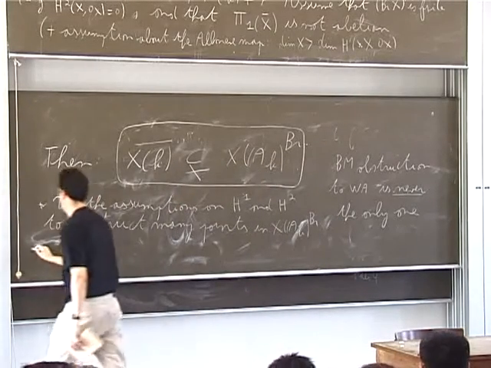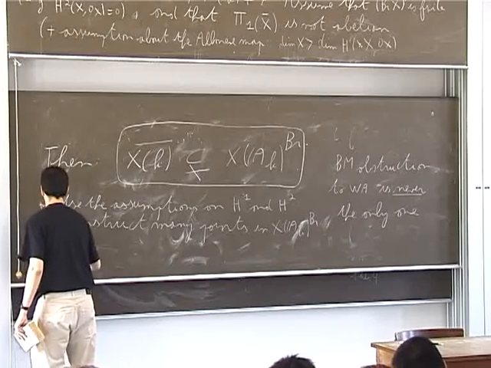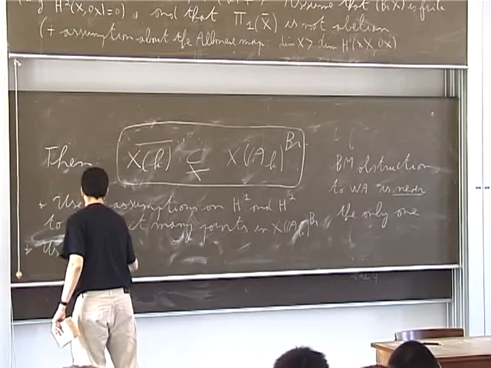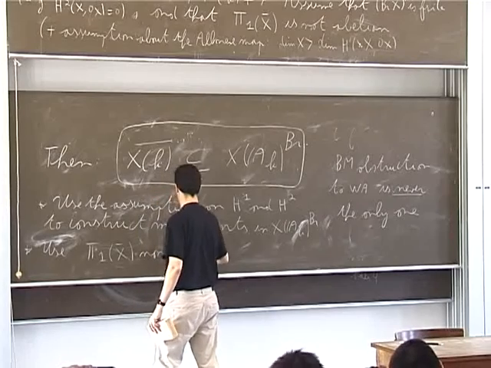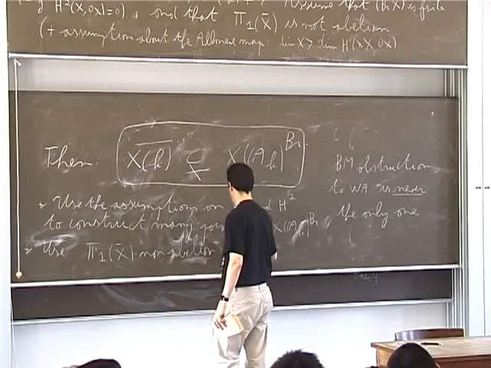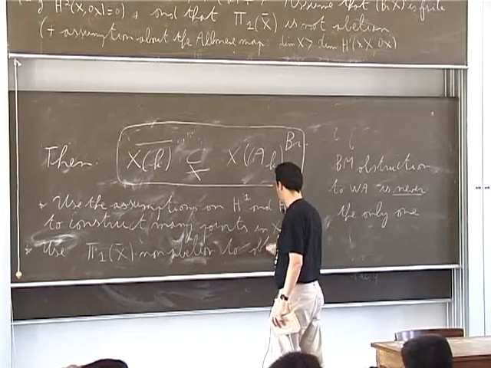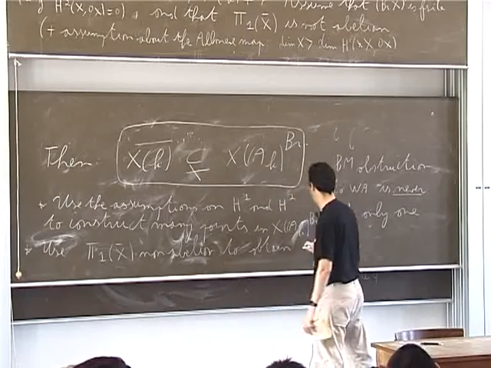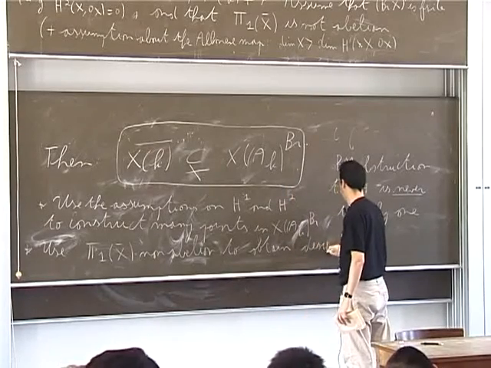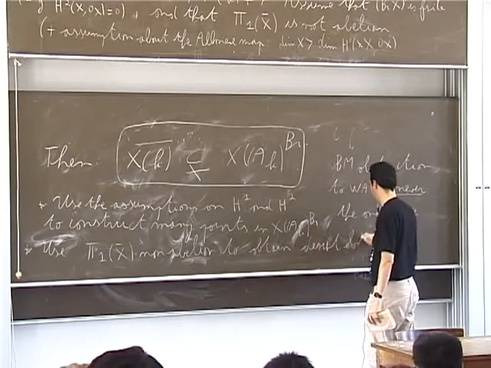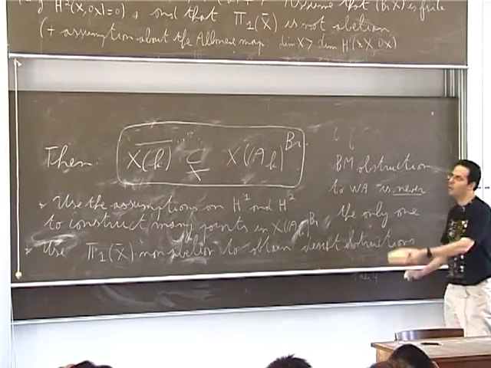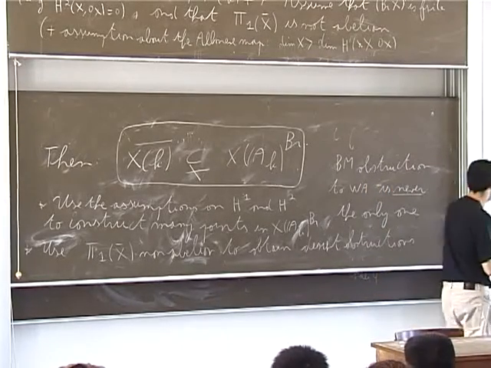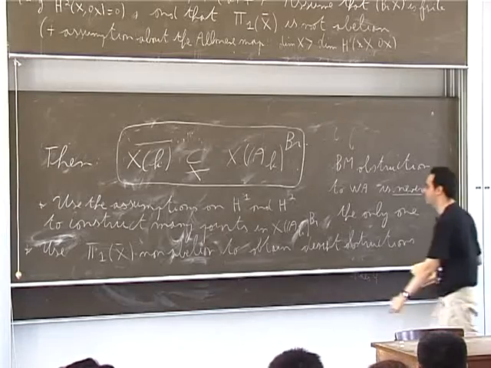And then you use the fact that the geometric fundamental group is not abelian to obtain descent obstructions for all these points, descent obstructions related to non-abelian finite groups.